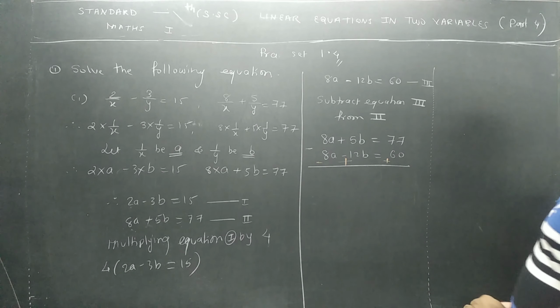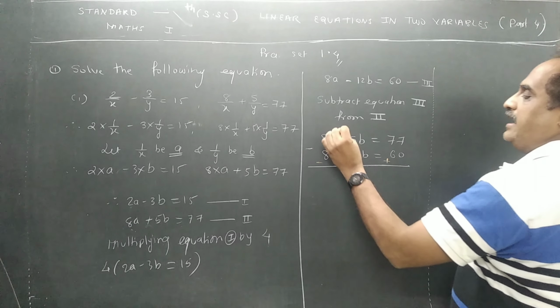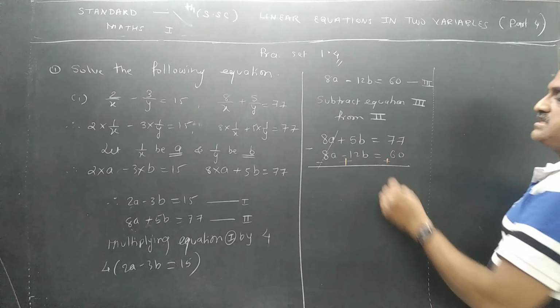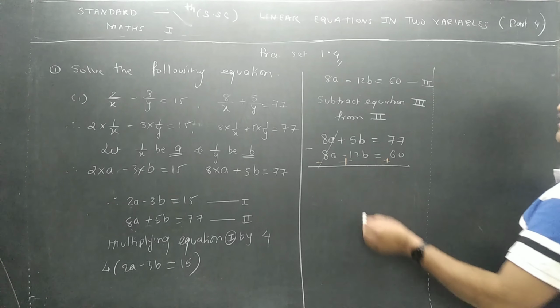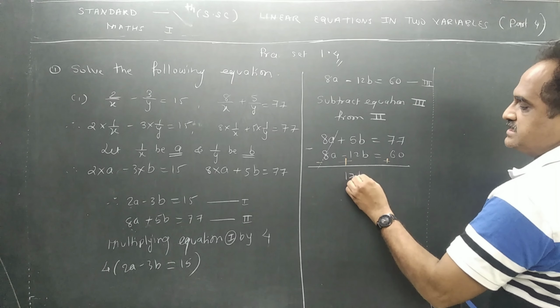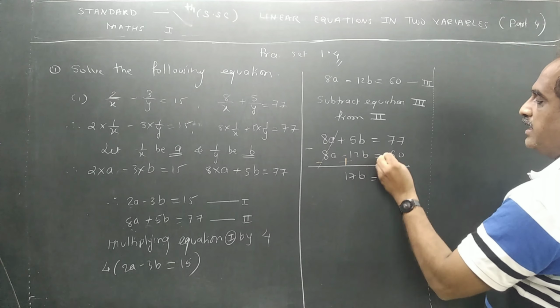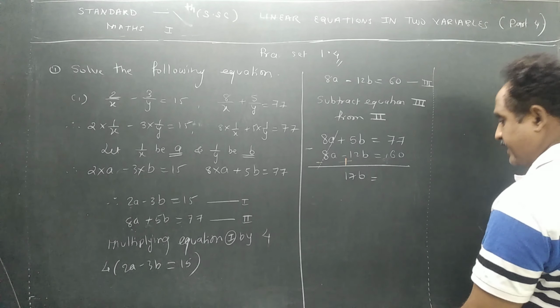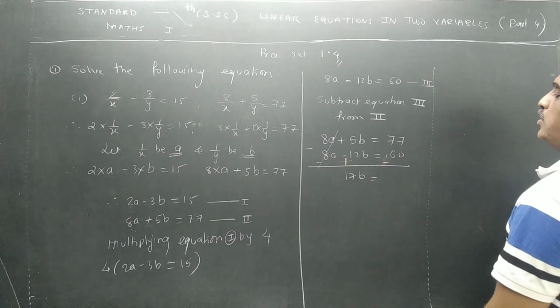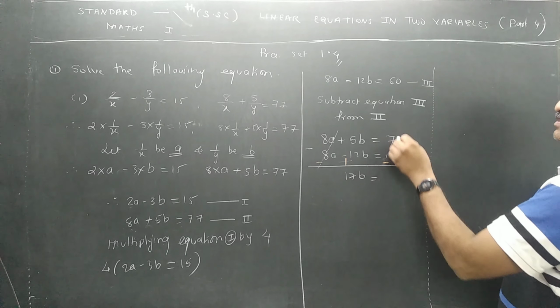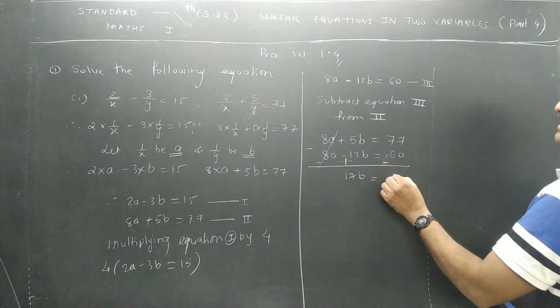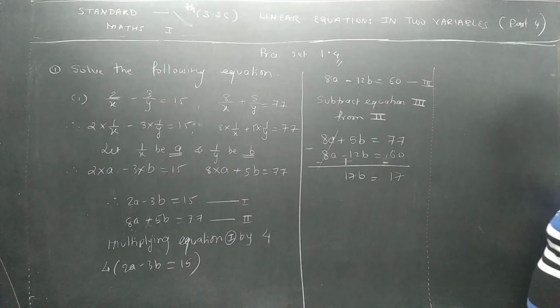So 8a gets cancelled, plus 12 plus 5 is 17b is equal to, again, plus minus, 77 minus 60 is 17.